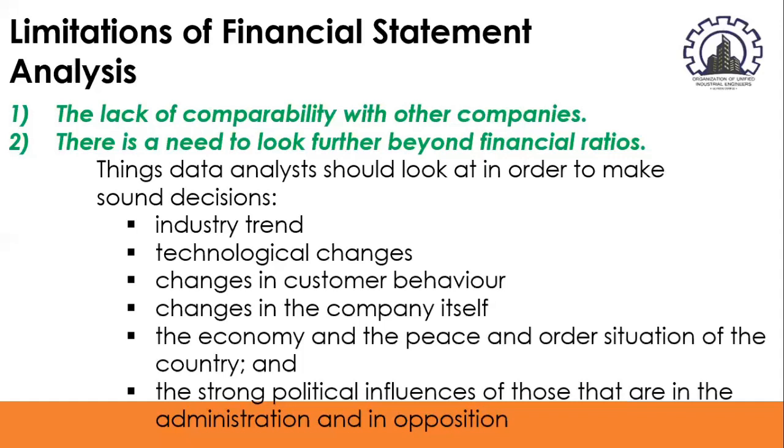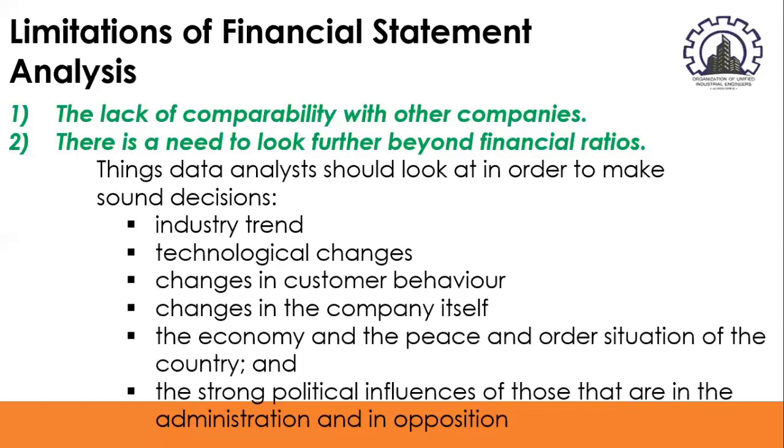And second limitation, there is a need to look further beyond financial ratios. Now, take note that ratios are not conclusive. When I say conclusive, what I mean is that these ratios are not to be viewed as an end, but rather as a starting point by which the analyst could be led to a greater depth.